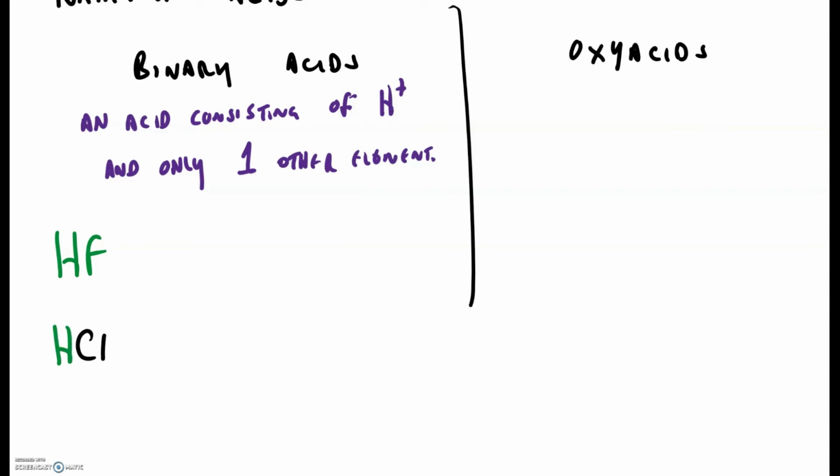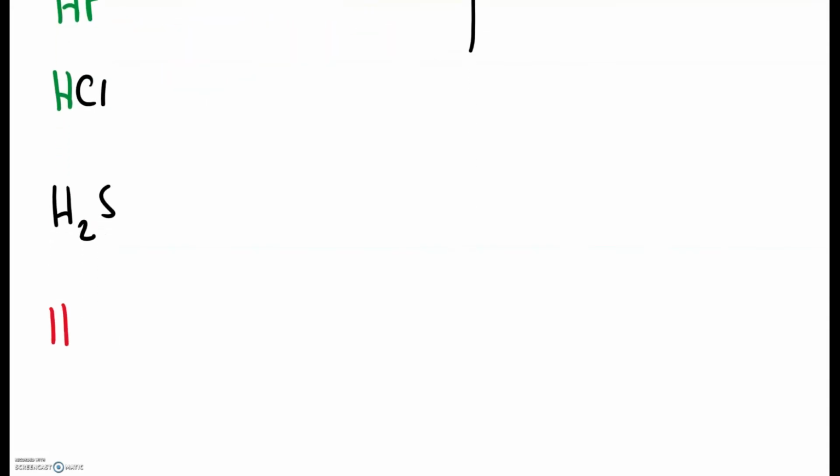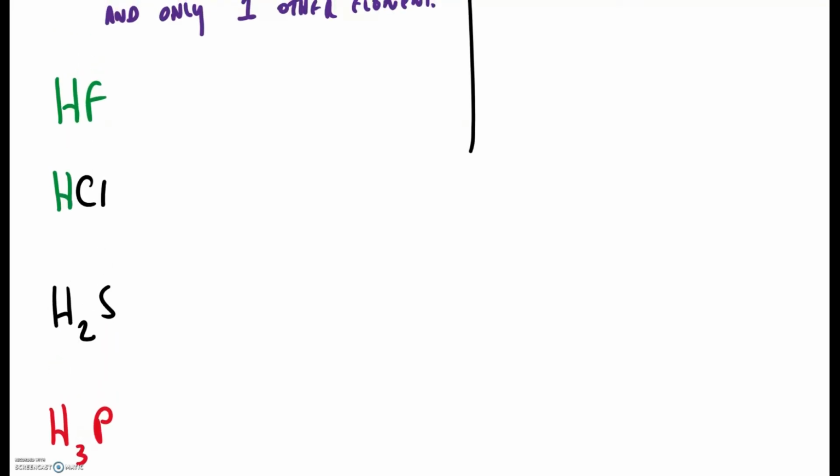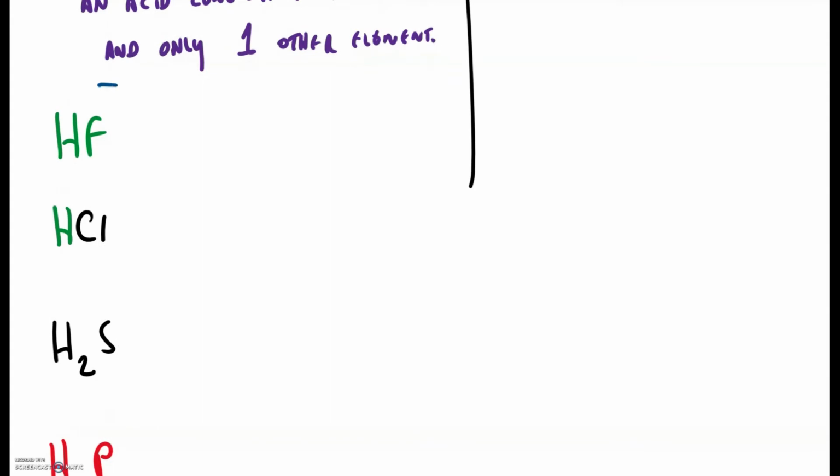HCl is a good example. H2S is a good example. And here's another one that's a good example, H3P. They have hydrogen and only one other element. And so that means that we're going to use what's called the hydro prefix to indicate that these are binary acids.